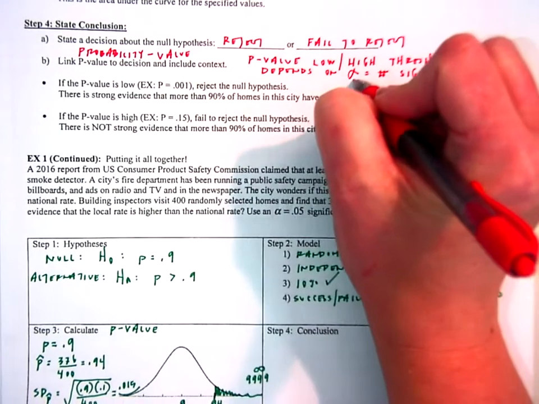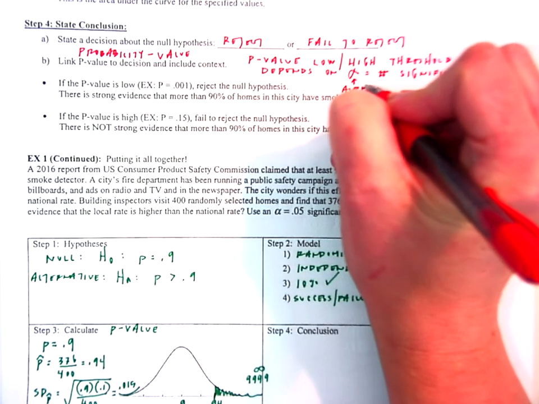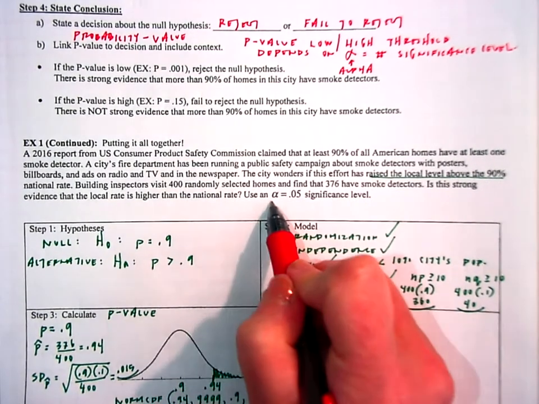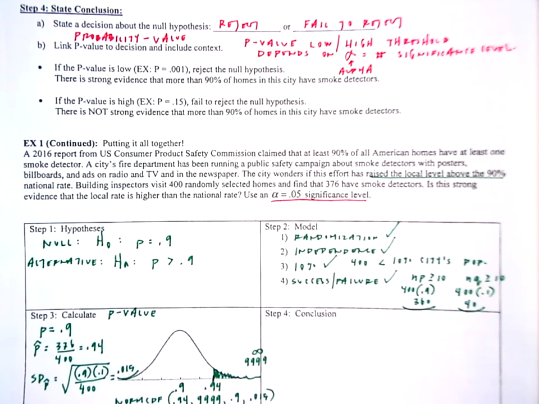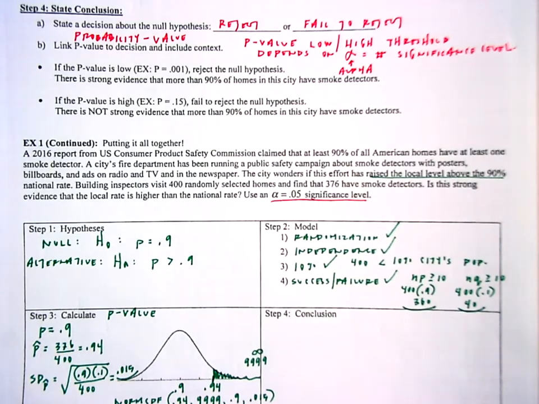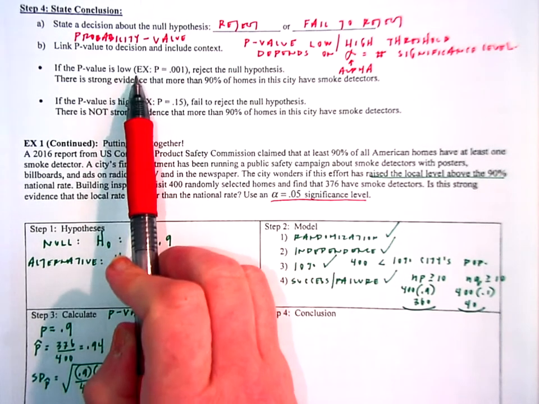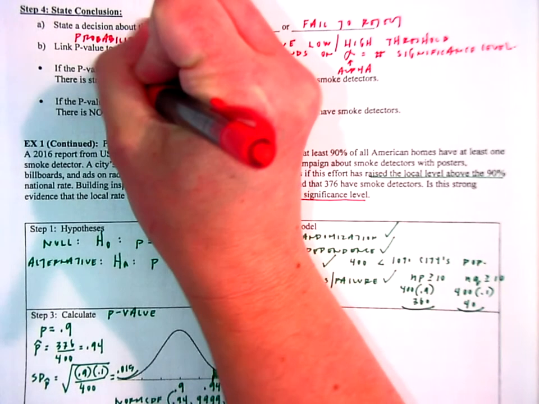Okay, so right here, that symbol is alpha. Our p-value, whether we're saying that it's low or high, which in turn allows us to reject or fail to reject the null hypothesis, really depends on the alpha level of significance that we set. So in our situation down here, we're going to use 0.05, so 5% as our significance level. So if we see a p-value that's low, here low means lower than the alpha level.